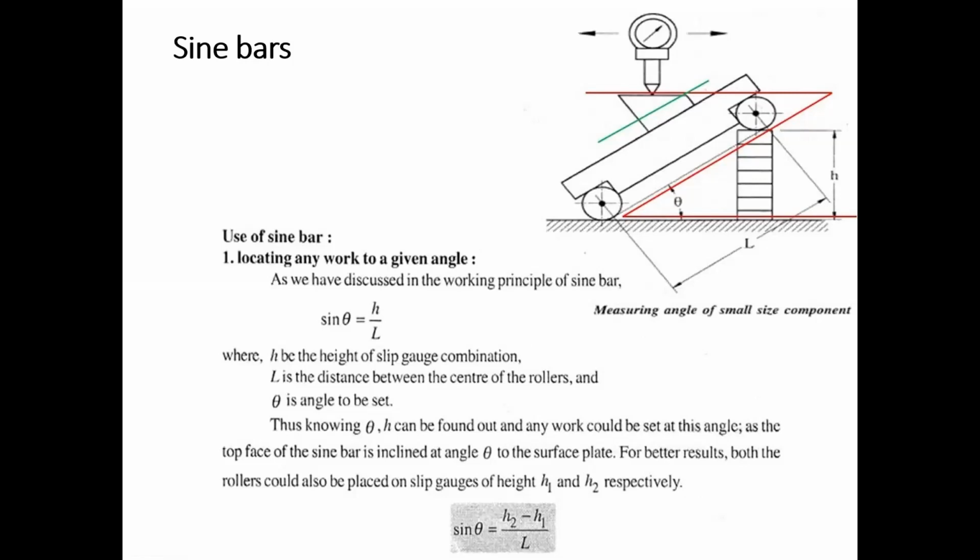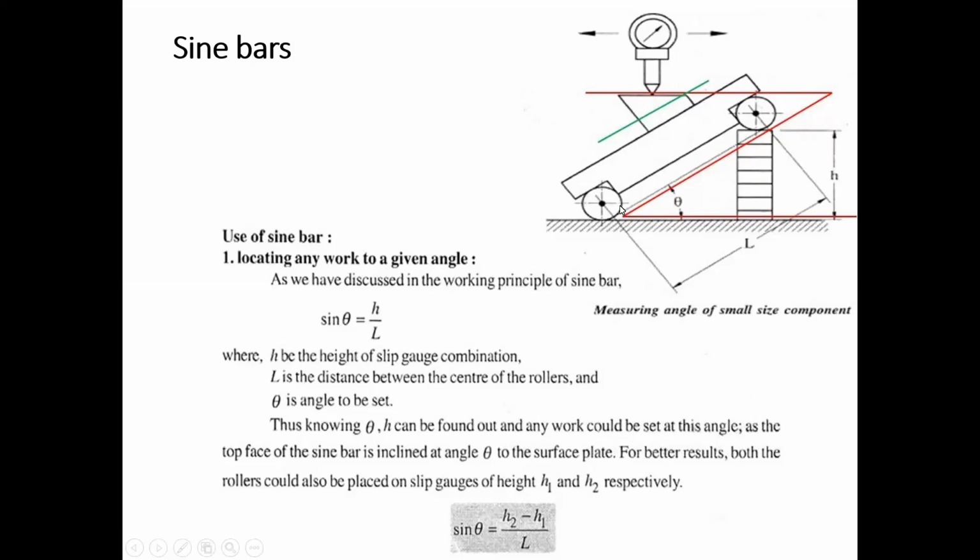It is directly given along with the instrument. So L is known and theta is known, so you can find the H value. If you find the H value, you can set the slip gauge combination below one roller, and you can place the other roller on the surface of the surface plate.